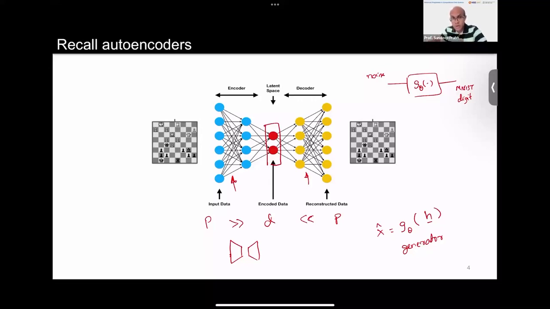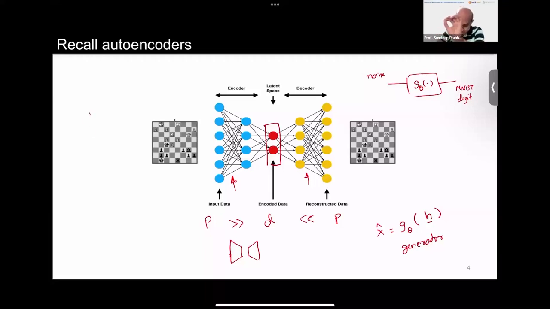Now, with autoencoders, what we are trying to do is map every example to a deterministic point in the d-dimensional space.